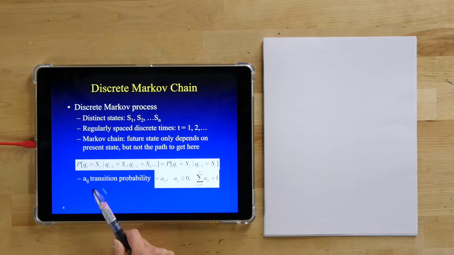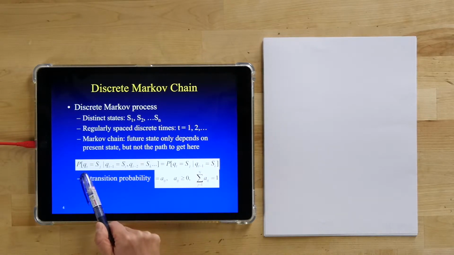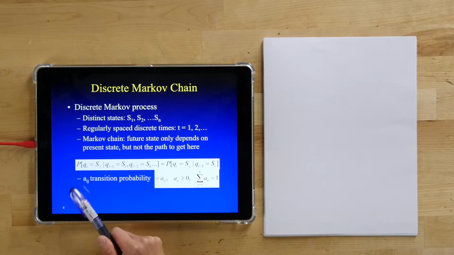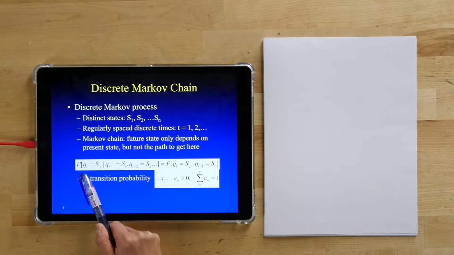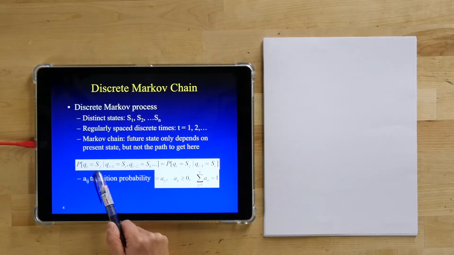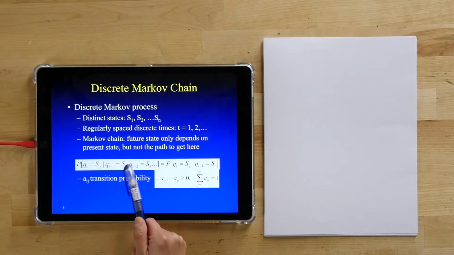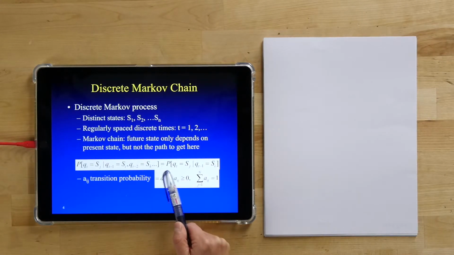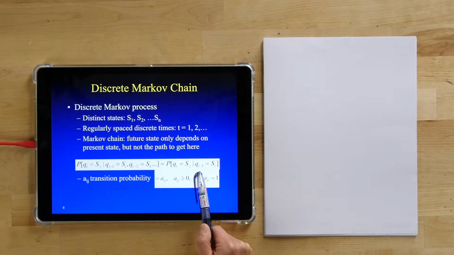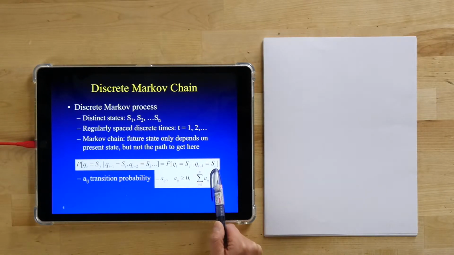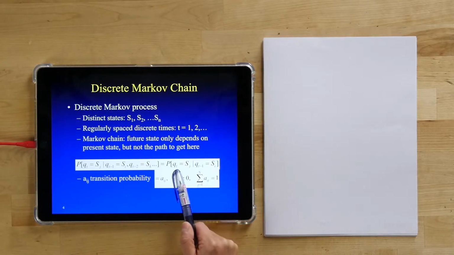Which means, for example, the probability that at time t we're going to see a particular state, given all the previous states, is only dependent on the state at the previous one time, and all the previous times don't really matter.